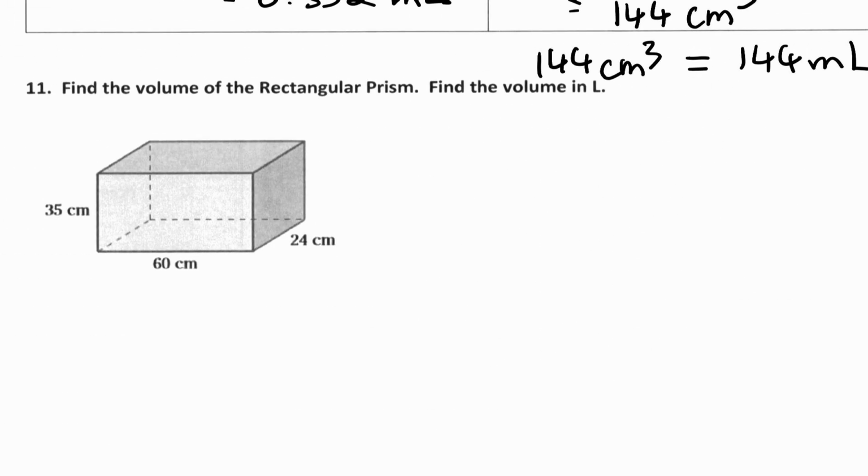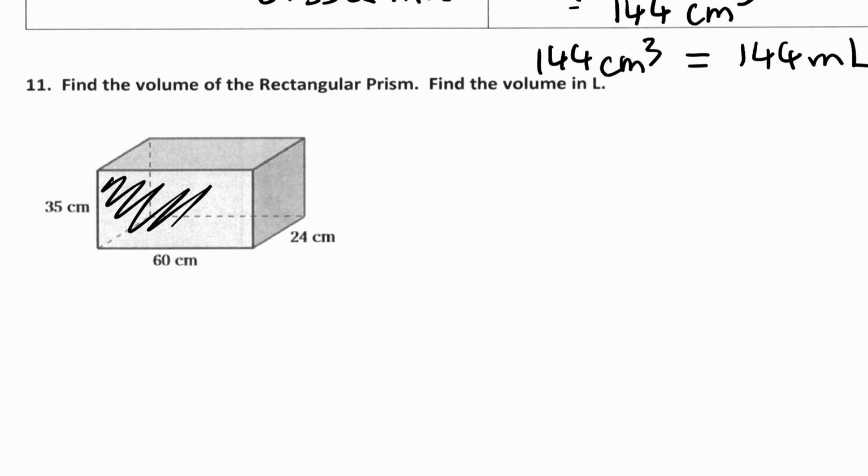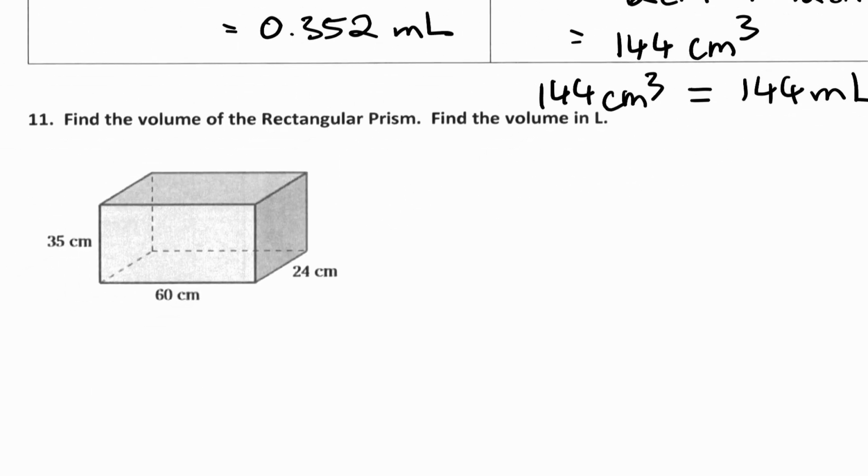Moving on, question 11. Find the volume of the rectangular prism. Find the volume in liters. Okay, so we can find a face. It doesn't matter which face, actually. I could find this face first, or I could find the top face, or I could find the front face. It really doesn't make any difference which face we find, but I'm just going to start with this one on the end.